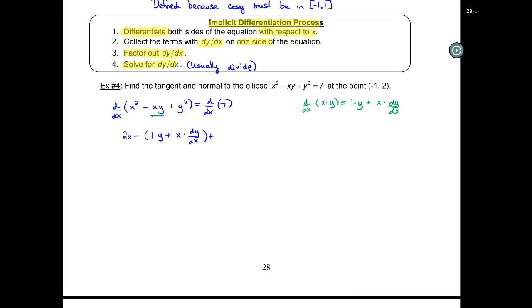Okay, the derivative of y squared is going to be 2y, and then don't forget we need another dy dx because that was derivative with respect to x, right? And then equals, what's the derivative of 7? 0. So I have 2x minus y minus x dy dx plus 2y dy dx equals 0.